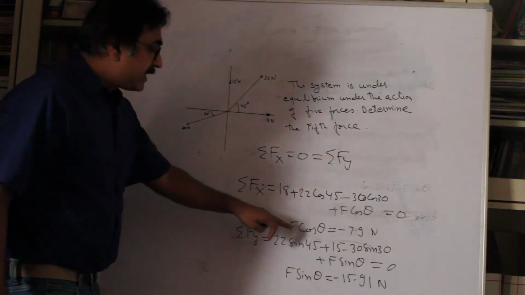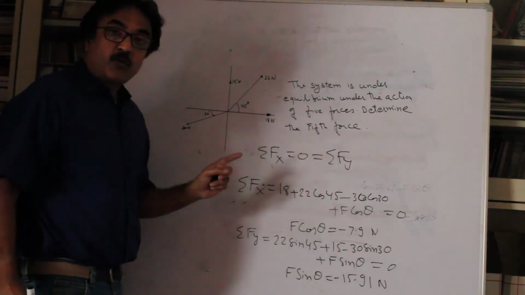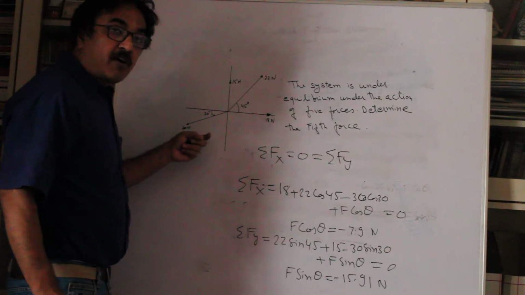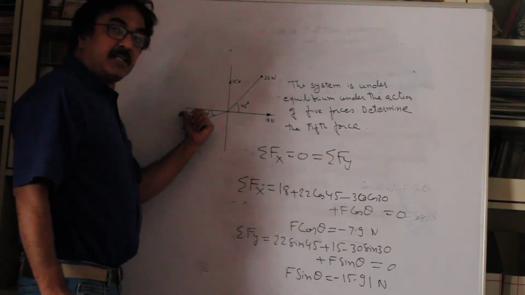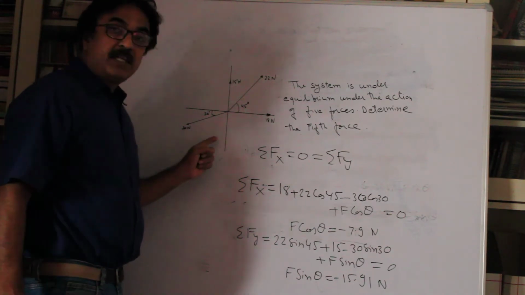Okay, so you can see that F cos theta is minus, F sin theta is minus, which means this force F will lie in the 3rd quadrant, because F cos theta will be along this, F sin theta along vertical downward, so this is going to be in the 3rd quadrant.